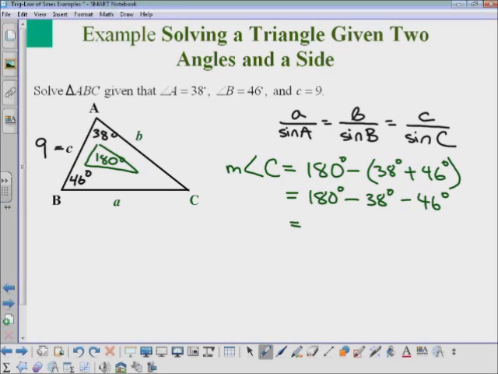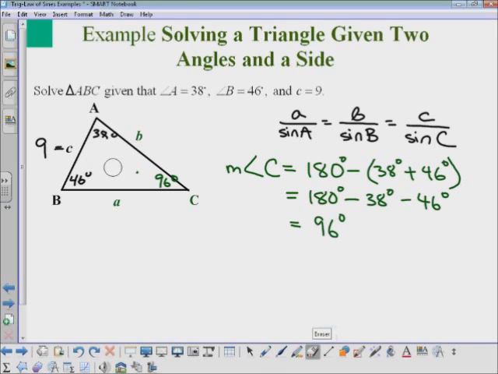Hopefully you can even figure this out in your head. Okay, so 180 minus 30 is 150, minus 8 more is 142, minus 40 more is 102, minus 6 more, 96 degrees. Didn't even need my calculator. So even though it's not drawn that way, I know angle C is 96 degrees. Let me erase that 180 in the middle.